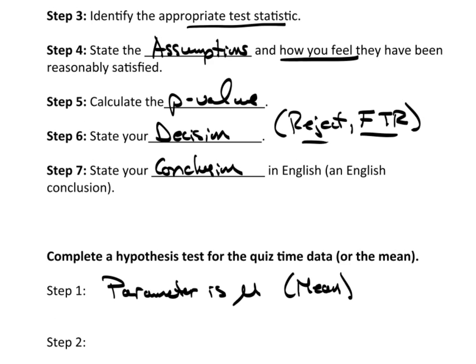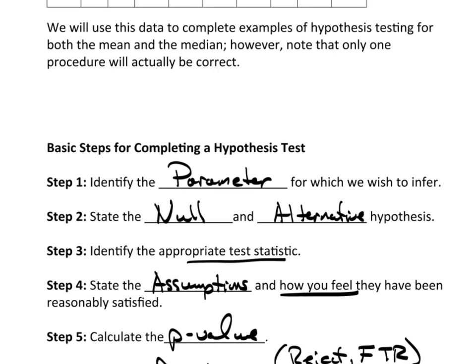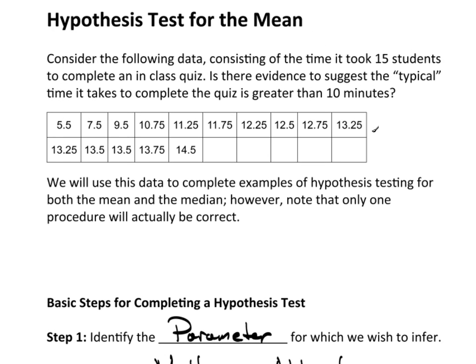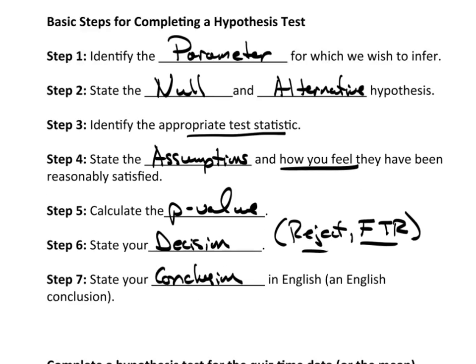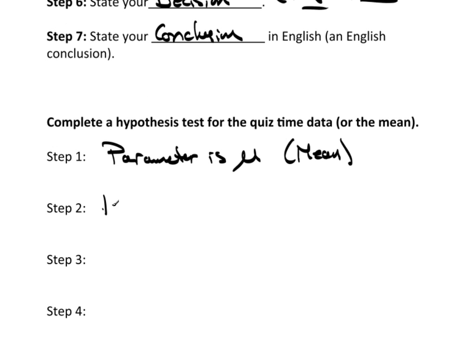Now, this next step, we need to state the null and alternative hypothesis. So I need to go back up here and see what they're asking. Is there evidence to show the typical time for the quiz is greater than 10 minutes? So that tells me the null hypothesis, H naught, will be that mu is equal to 10, and the alternative hypothesis is that mu is greater than 10.